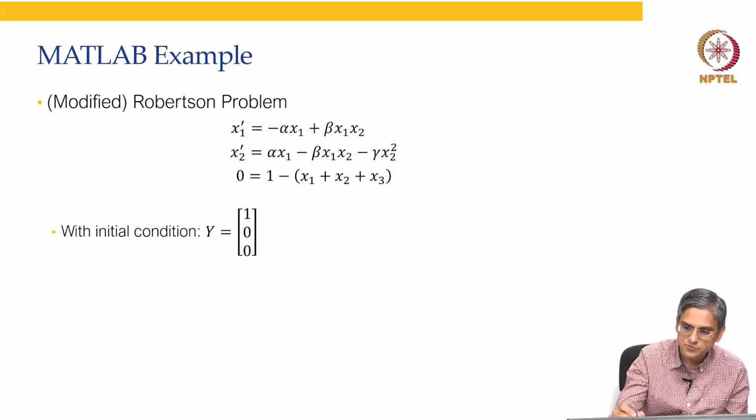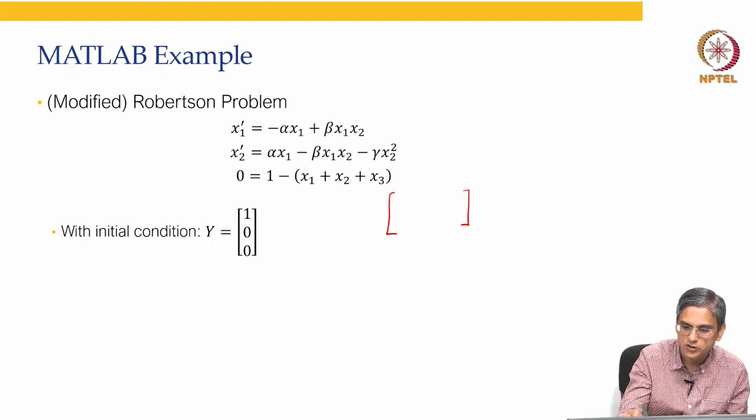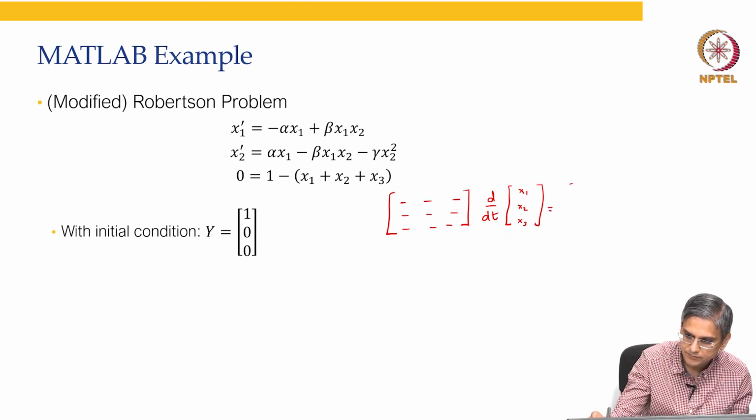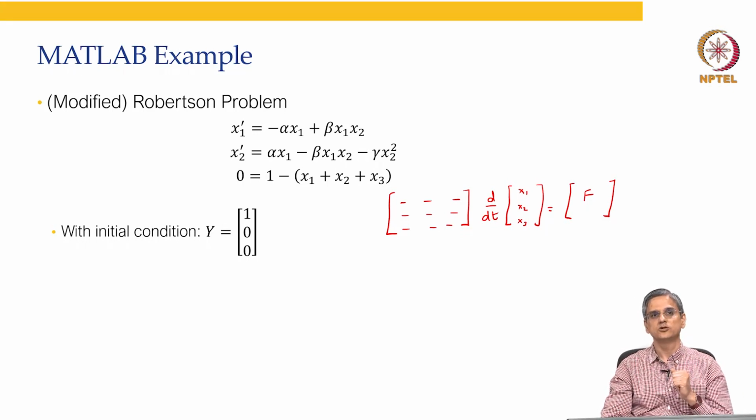The Robertson problem will have the mass matrix, which is going to be a 3 by 3 matrix. Now, between this video and the next video, think about how this particular matrix is going to look like.